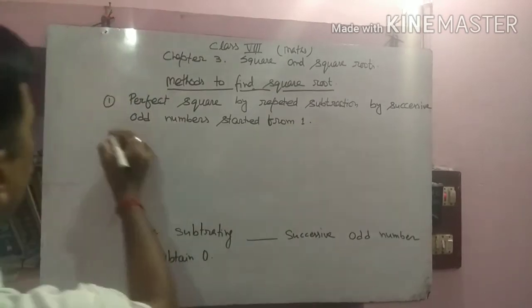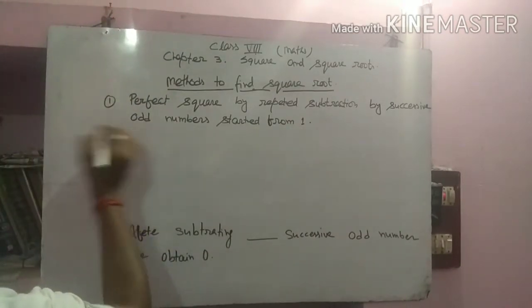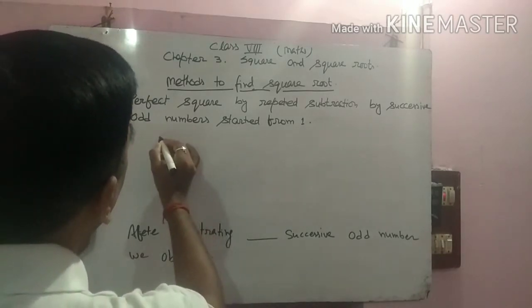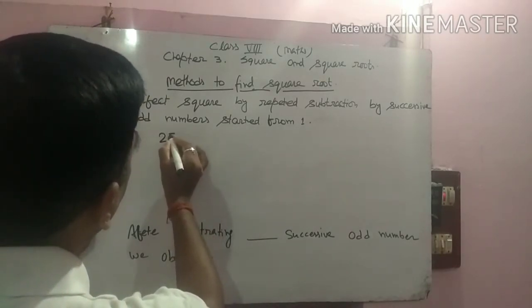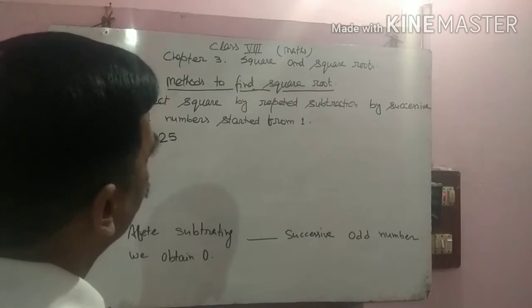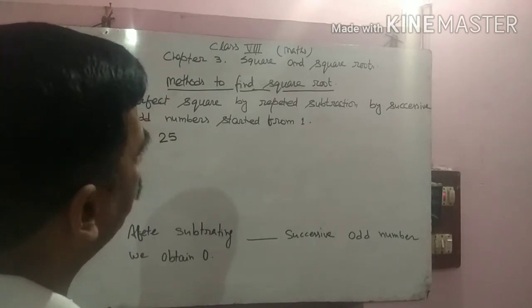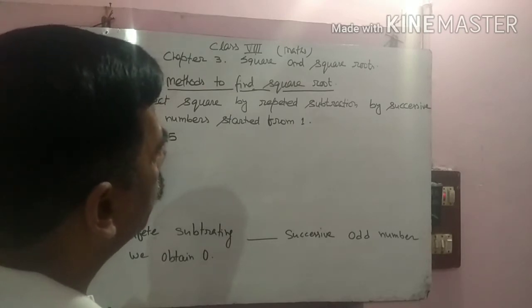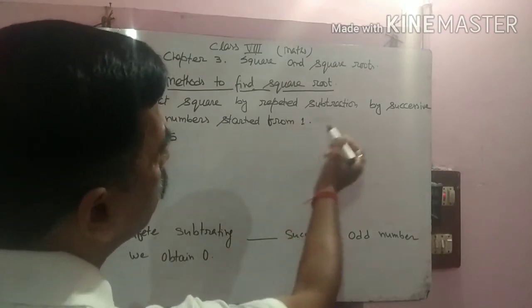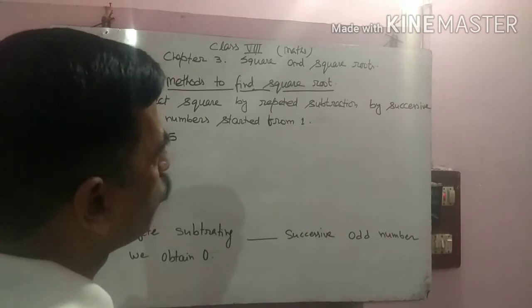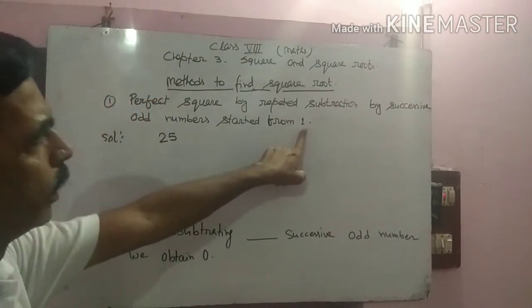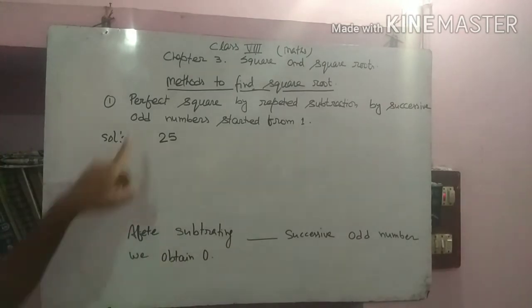Suppose a perfect square number is given as 25. We have to find the square root of 25 by using the repeated subtraction method, which starts from 1, meaning successive odd numbers are going to be subtracted.